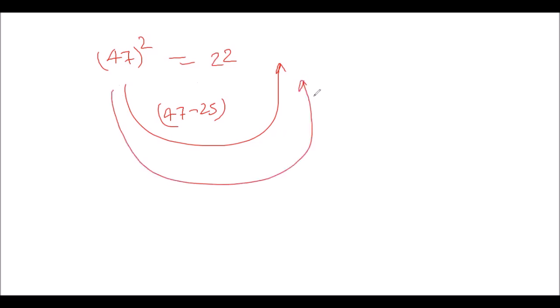Now again take the difference from 50. Look, if we are doing a square, there is no meaning of whether it is 50 minus 47 or 47 minus 50, it will be the same. So it will be 50 minus 47, 3, square is 9. So what will this be? 9, so we can add 0.